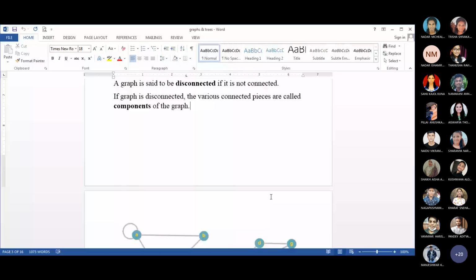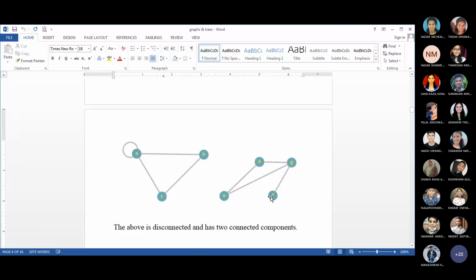In this example, you can see the graph is disconnected, and it has two connected components. एक वो triangle है loop के साथ, और right side पे you have something similar to a quadrilateral, but not exactly a quadrilateral, a triangle with a tail, you can say. So you have two connected components in this example.